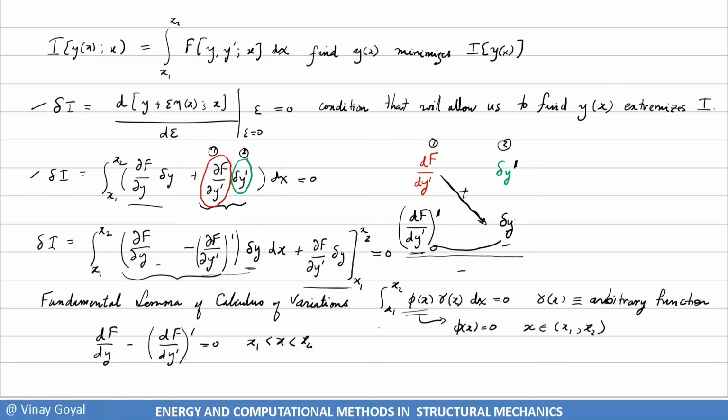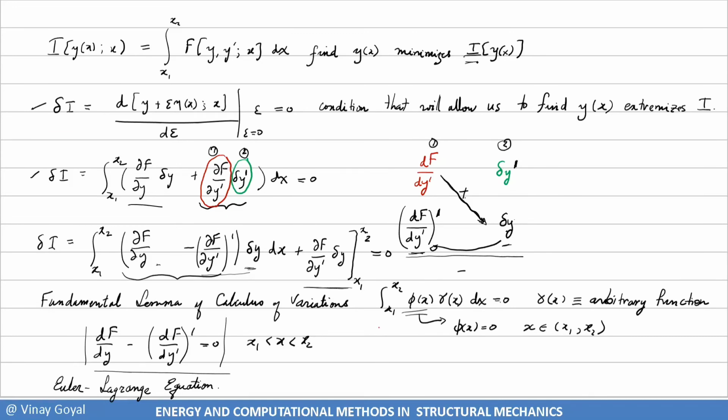And this equation is called the Euler-Lagrange equation. It has a name. If I solve for y in this equation, that y is the one that actually minimizes I. So I need to solve that, okay?